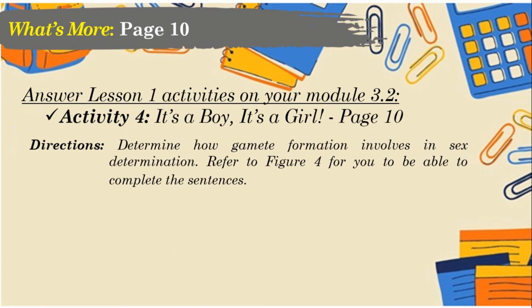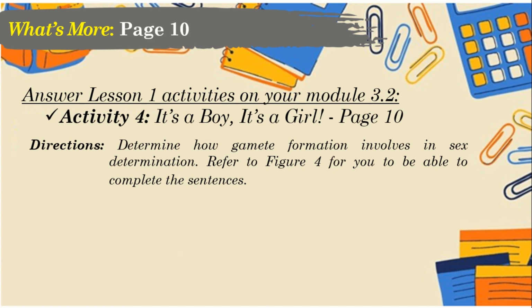So, since you already have an idea on our discussion for sex determination and sex related, you can now answer your activity number 4 on page 10. It's a boy, it's a girl. So we just have to determine how gametes formation involves in sex determination.